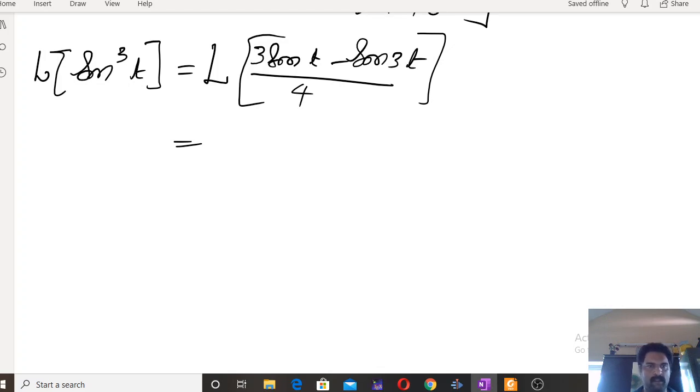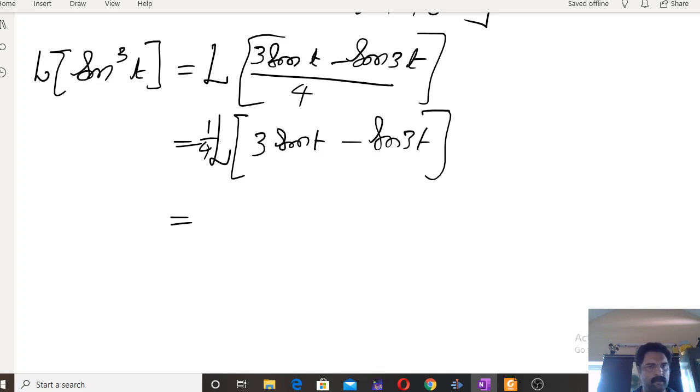If it is included, then you can refer to it in your examination hall, and there is no need to remember all these relations, but I strongly recommend remembering some fundamental trigonometric relations. So we take this 1 by 4 as a common factor, and what remains is 3 sin t minus sin 3t.